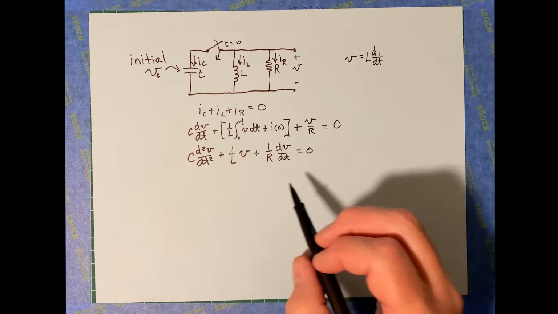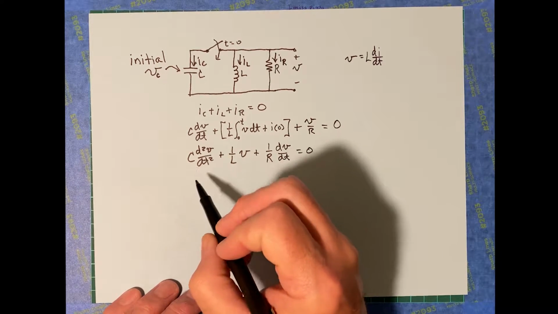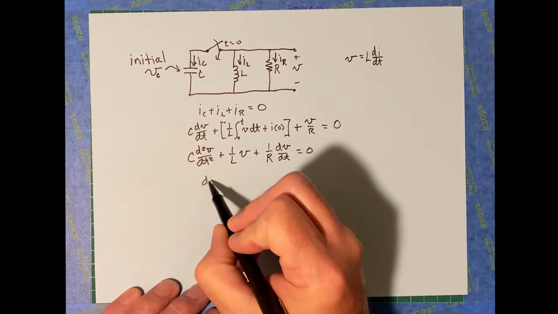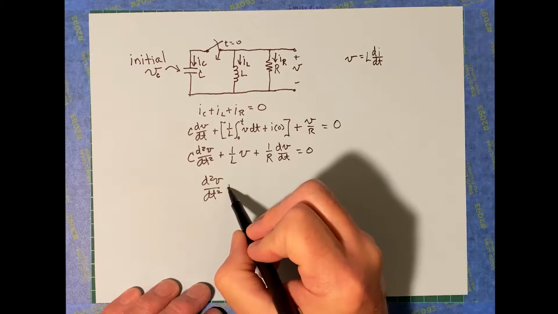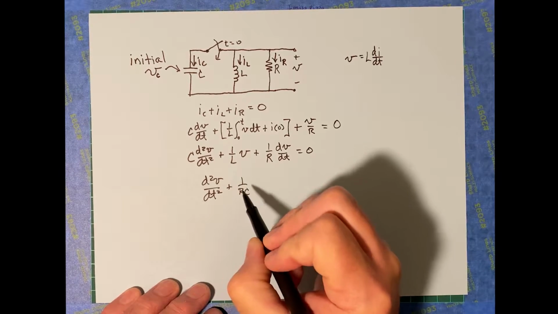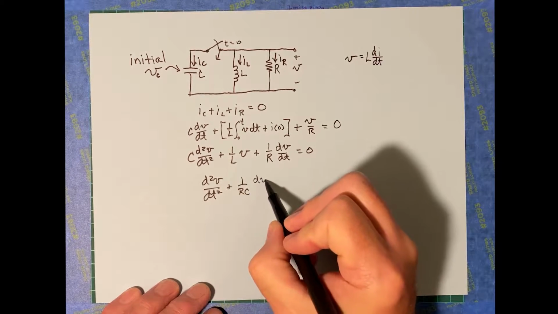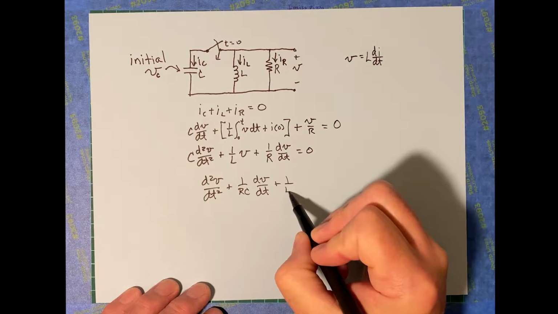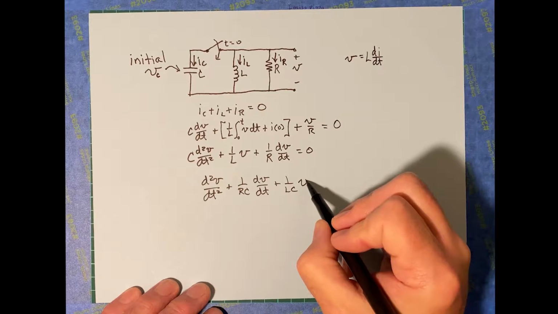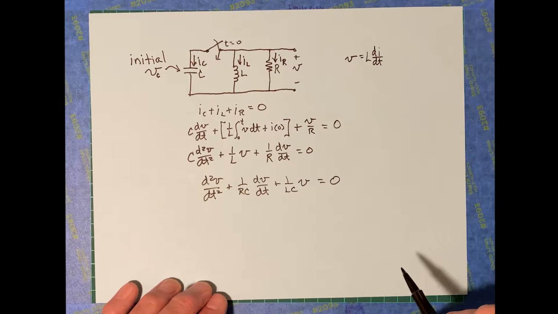Okay, I'm going to rearrange the terms here. Divide through by the C, and I've got d squared V/dt squared plus 1 over RC dV/dt plus 1 over LC V equals 0.